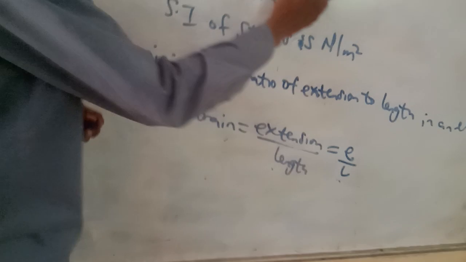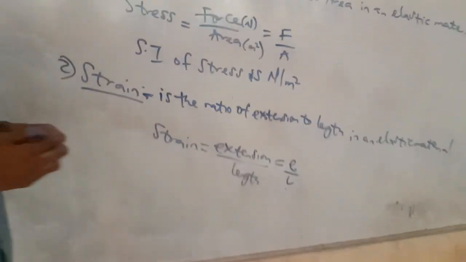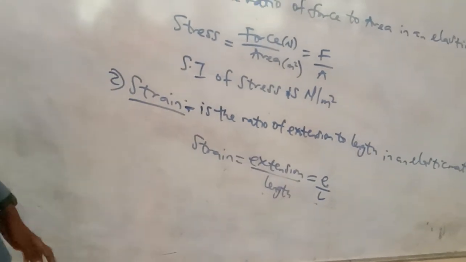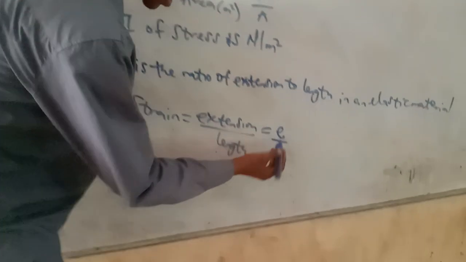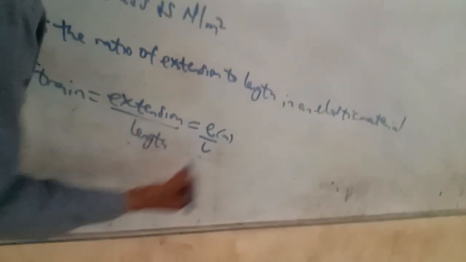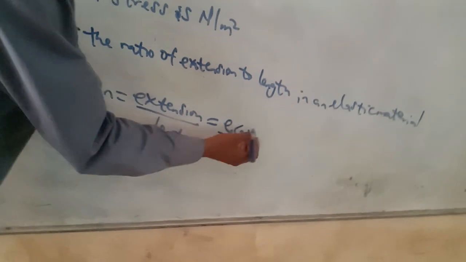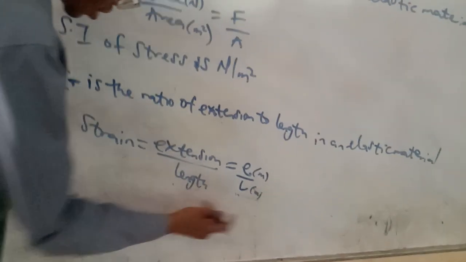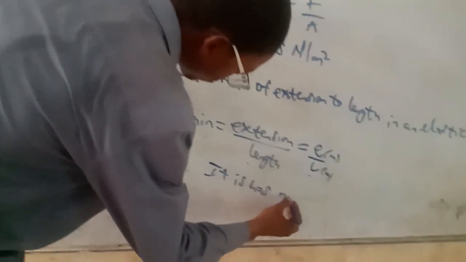Also, we can use F to represent force and A to represent our area. Now strain has no SI unit. This is the reason: extension can be in meter or centimeter, and length can also be in meter or centimeter, so we cancel this. You have what? No SI unit. It has no unit.